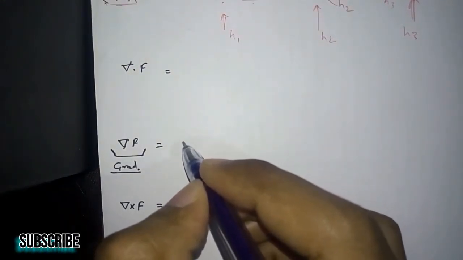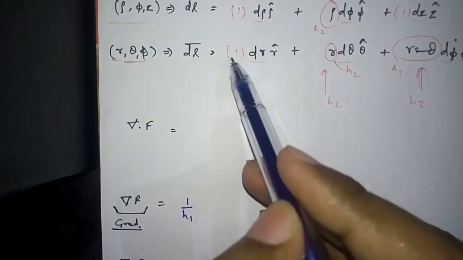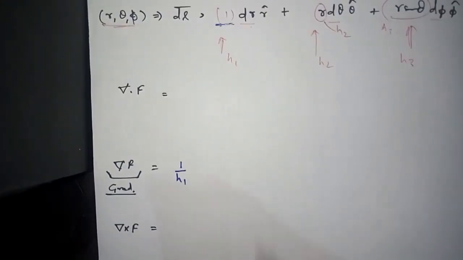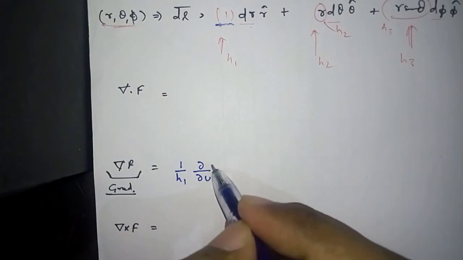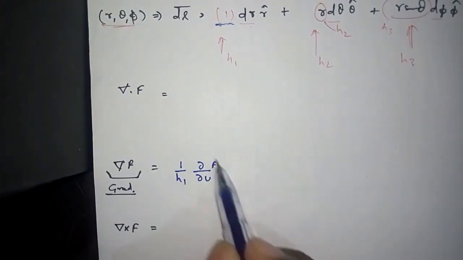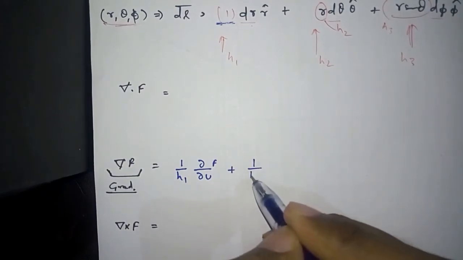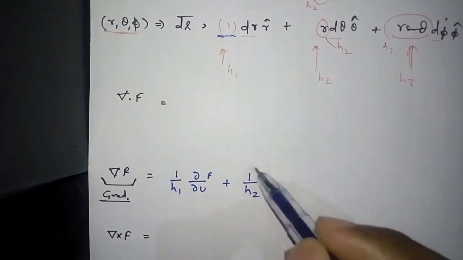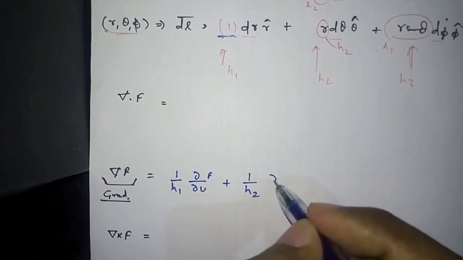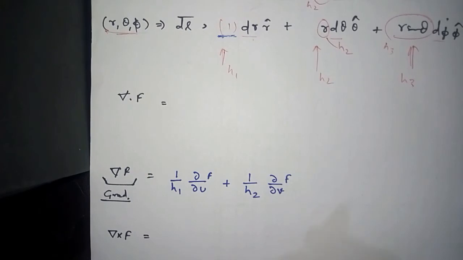So for gradient you have to divide by the coefficient of u, which is h1, and differentiate the field by u, plus divide by the coefficient of v, which is h2, and differentiate the field with respect to v.